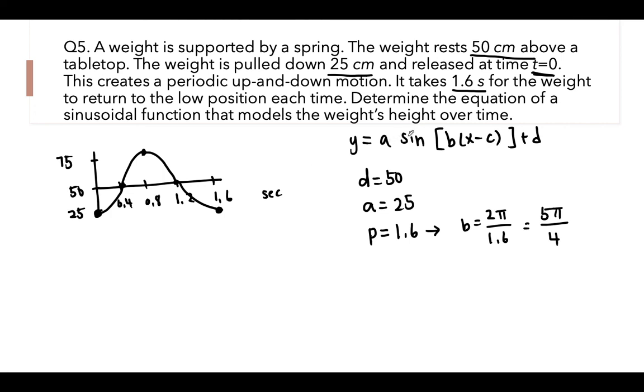So let's do a cosine instead of sine. Y is equal to negative 25 cosine of 5 pi over 4 x, and then plus 50. And that will be your final equation.